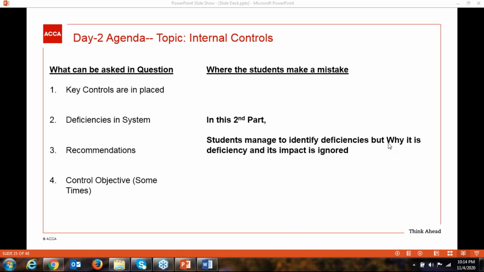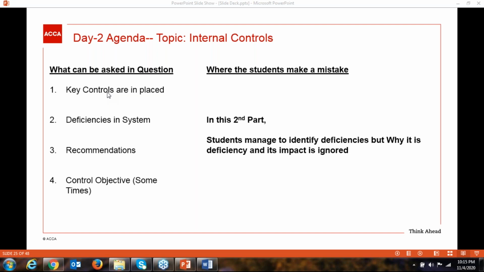If the examiner asks you about the key controls which are in place, it means there are some key controls mentioned in your case study which you need to identify and mention in your answer. Listen to me carefully once again.